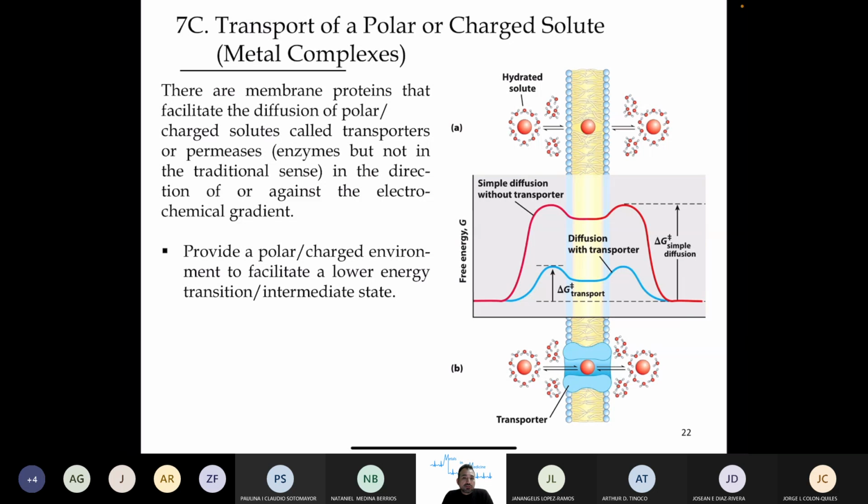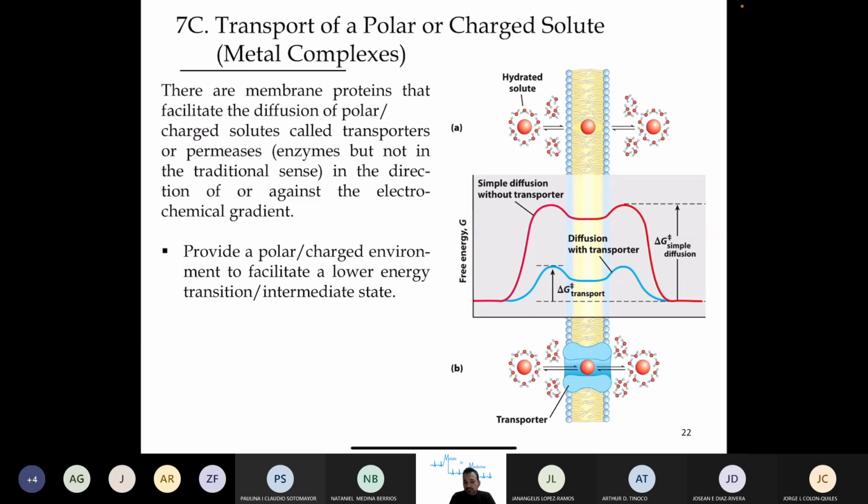They're enzymes because they speed up the movement of that given species, but not in the traditional sense of converting a substrate into a product. Those permeases will move the solutes in the direction of or against the electrochemical gradient.